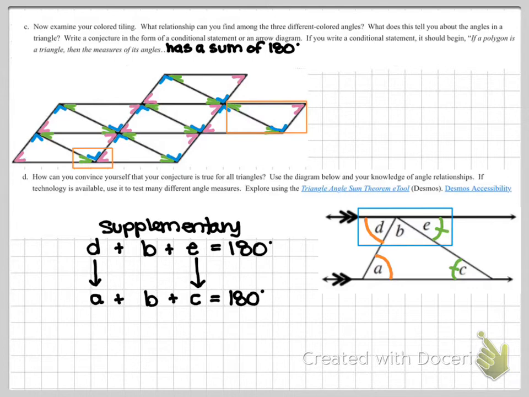Now if you look inside where we have the triangle, A and B and C are all within the triangle. So now we get this 180 degrees for a triangle, which I'm sure you guys have been taught before, but I don't know that anybody ever explained why. Our reasoning here, we'll put in between, is that these are alternate interior angles. That's the reason why we can replace the D and E.